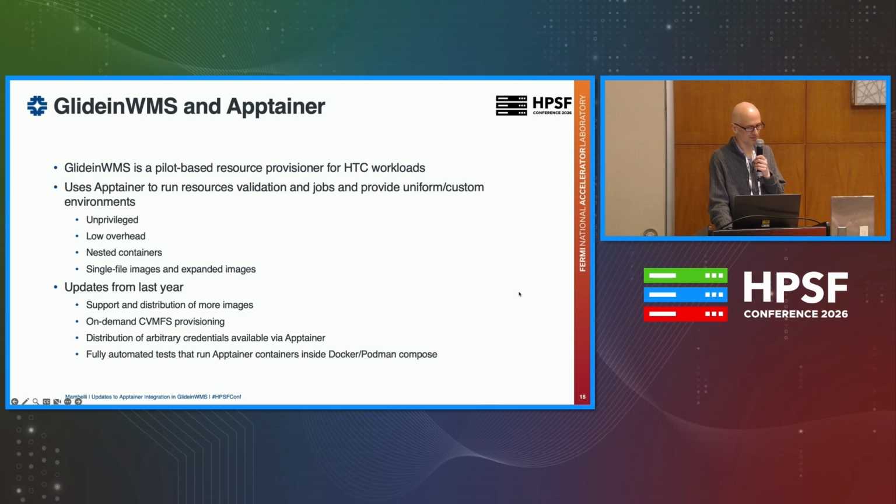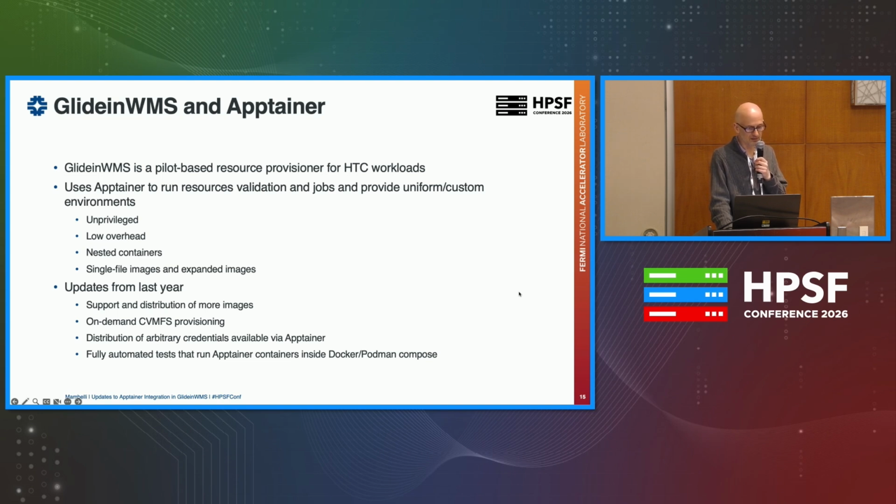It has low overhead and allows nested containers that we use for testing or sometimes also to run services that are available for the different user jobs. And both single-file images and expanded images can be used, especially the expanded ones, which makes it very convenient, thanks to CVMFS.